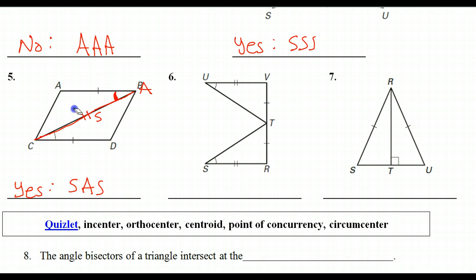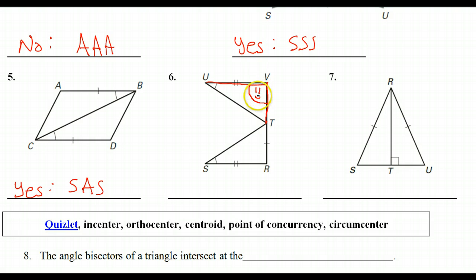Now, compare that with problem number 6. Again, we have 2 sides and an angle, just like on number 5. But this time, if you look at the 2 sides, I have UV, that's a side, and VT, that's a side. The angle formed by those 2, the angle in the middle, would be right here where the smiley face is.